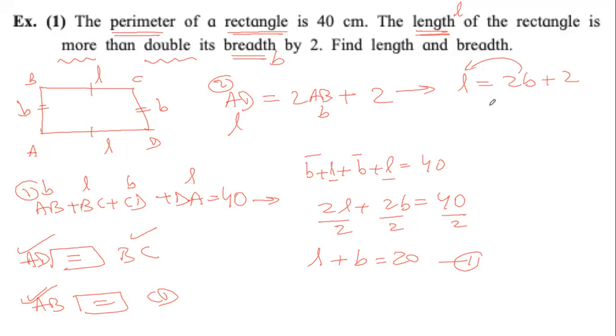When we do this transformation, this becomes L minus 2B equals to 2. I'm very surprised that most of you got the second equation correct, which was difficult, and most of you got the first equation wrong, which was easier. Please confirm that this is clear now.